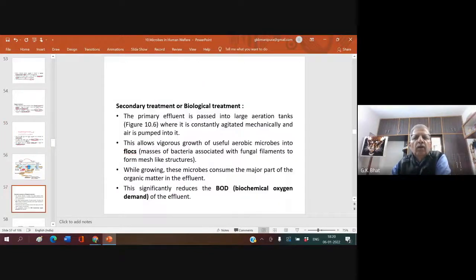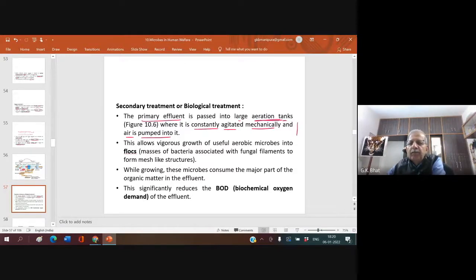Secondary treatment is otherwise called biological treatment. What is happening now? The primary effluent is passed into a large aeration tank, where it is constantly agitated mechanically and air is pumped into it.